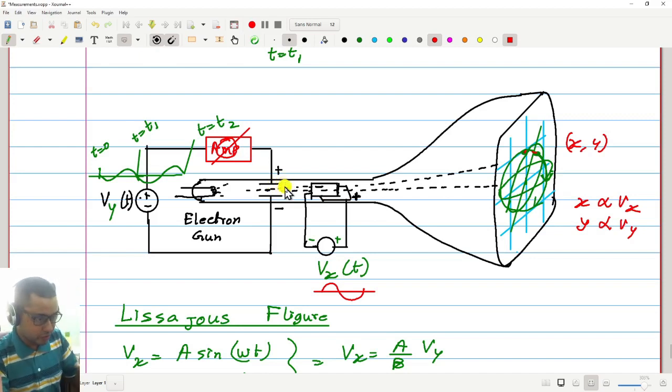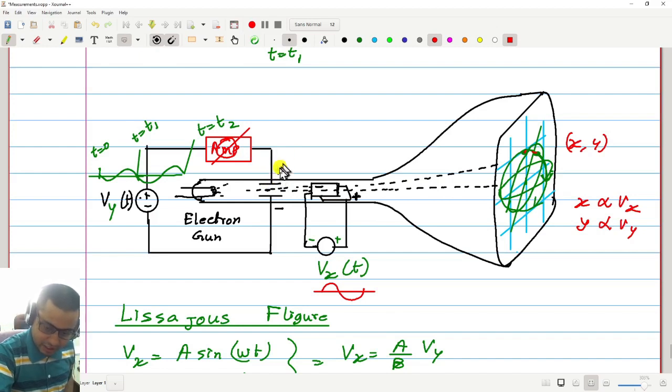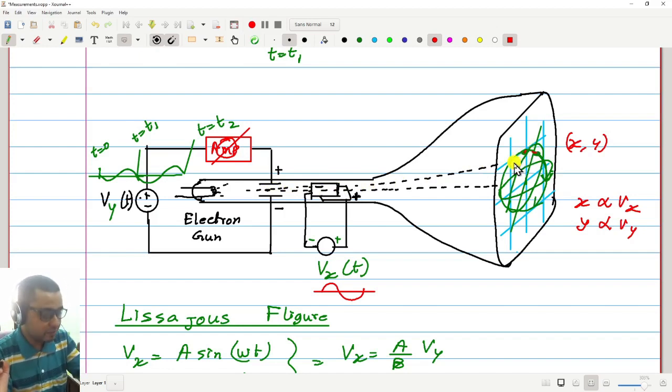Don't go into the detail that at one particular time the voltage is applied on the electron, but the electron will reach the screen after a while, so the effect will be after a while. That is not necessary because this is very fast.